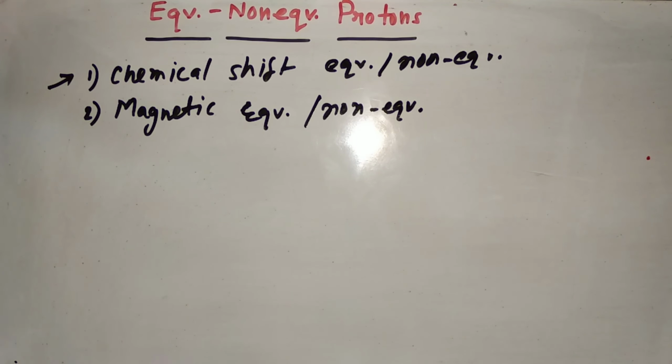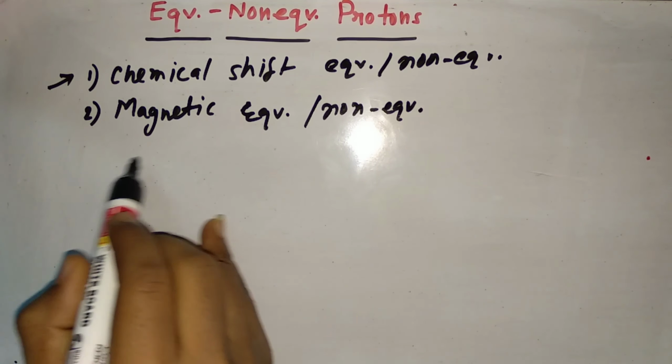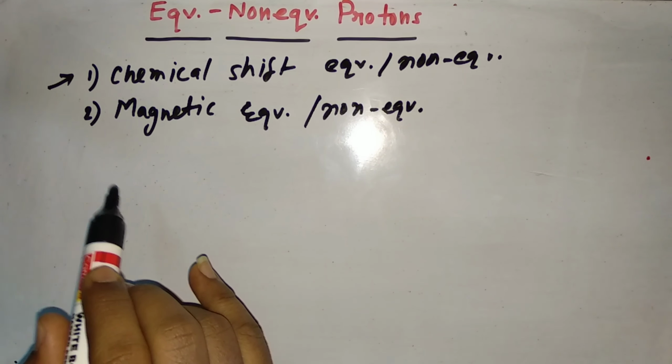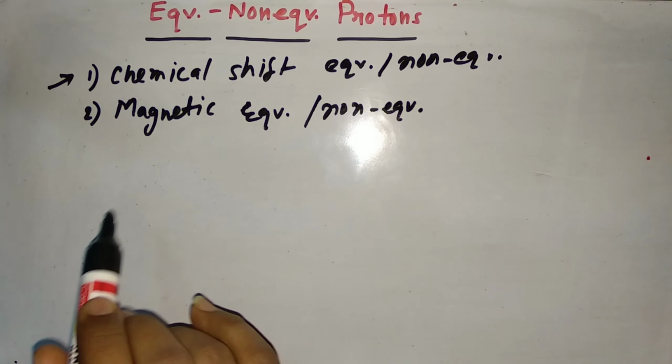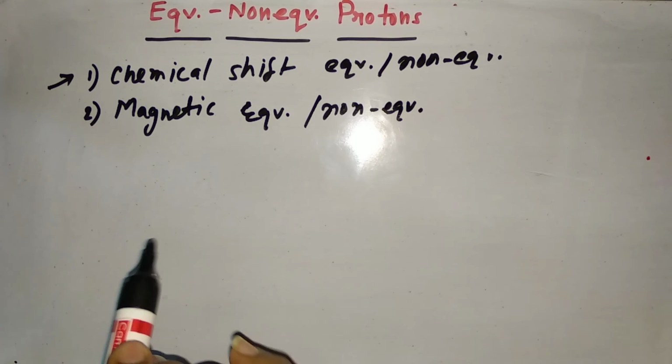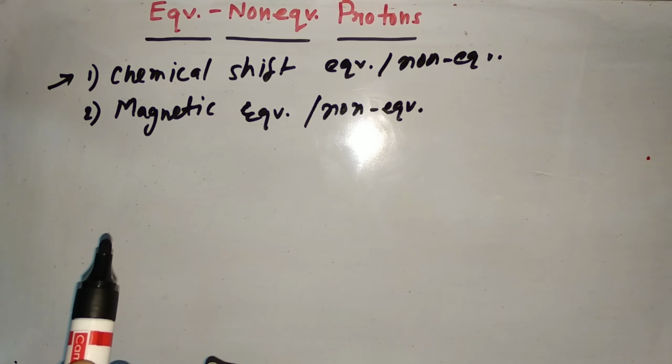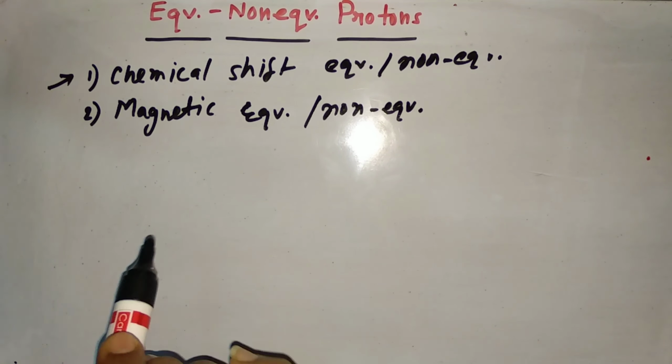So what is this kind of equivalency? Basically, equivalency refers to the nuclei. Here, as we are discussing PMR spectroscopy, the nuclei will be protons, and the protons which have the same or equivalent chemical shift. Suppose in a system there are 2 or 3 protons, and those protons have the same chemical shift value, then we will say that the protons are chemical shift equivalent.